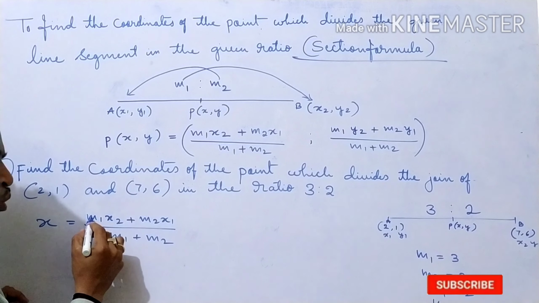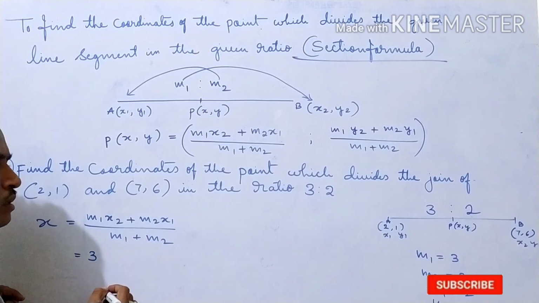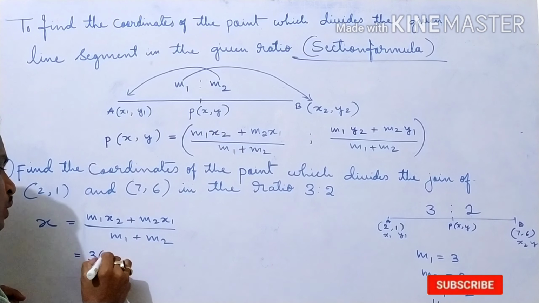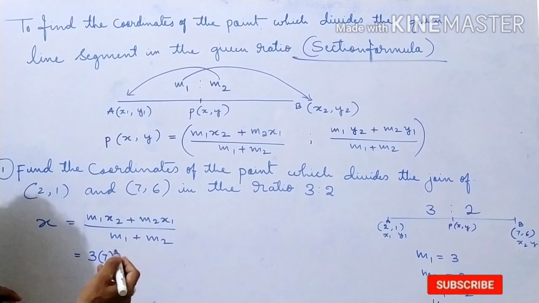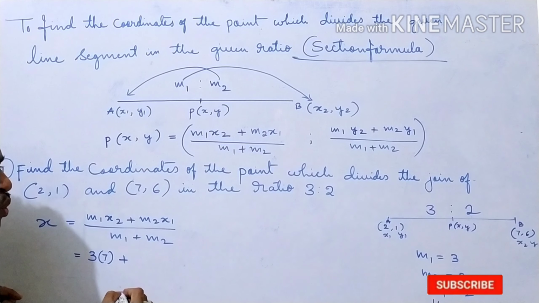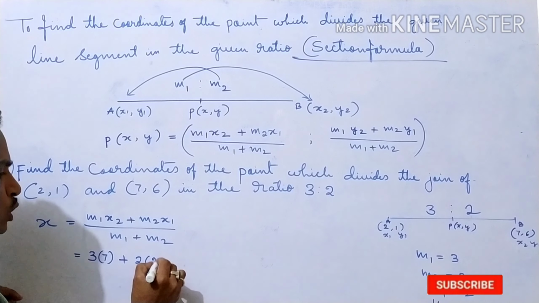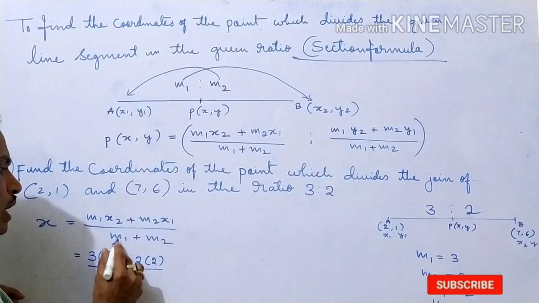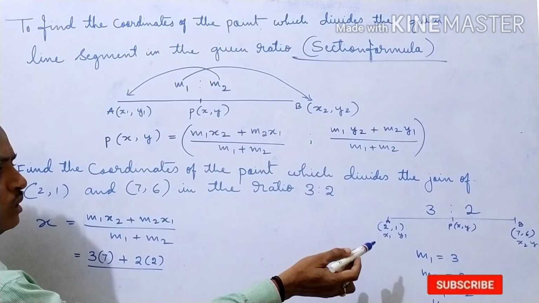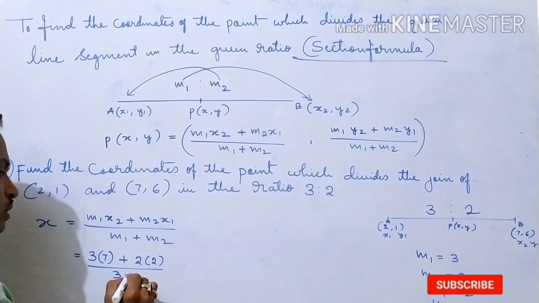Okay. M1, what is M1? 3. x2, what is it here? 7. Into 7, you write in brackets, that means we understand that it is a multiplication. Then plus m2, 2, x1, what is it? 2. Whole divided by m1 plus m2, then 3 plus 2.